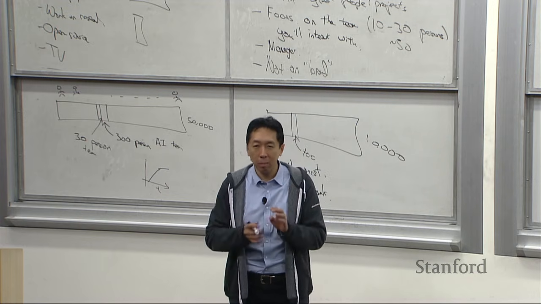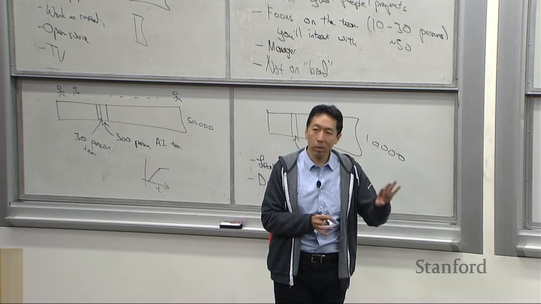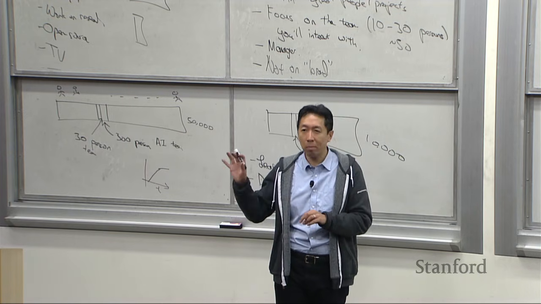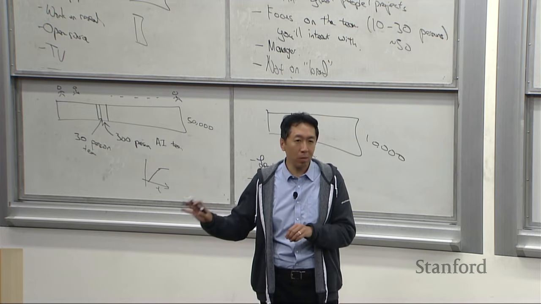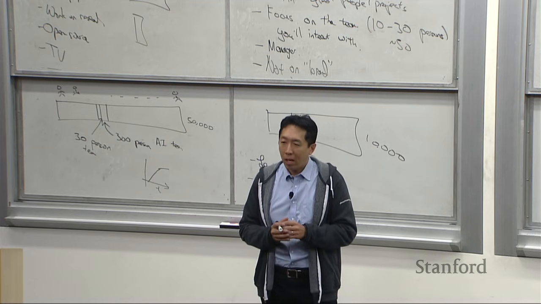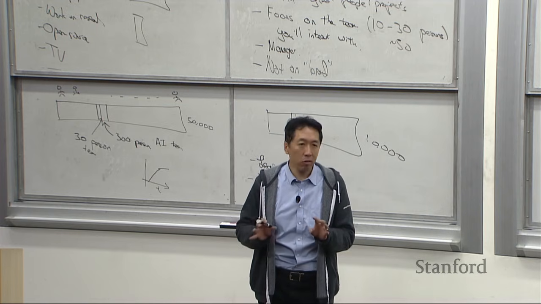And that's great. Google Brain helped Google become good at deep learning. The Baidu AI group helped Baidu become one of the greatest AI companies in the world, certainly in China. And I'm very happy that between me and some of my friends in the industry, we've made a lot of good AI companies.